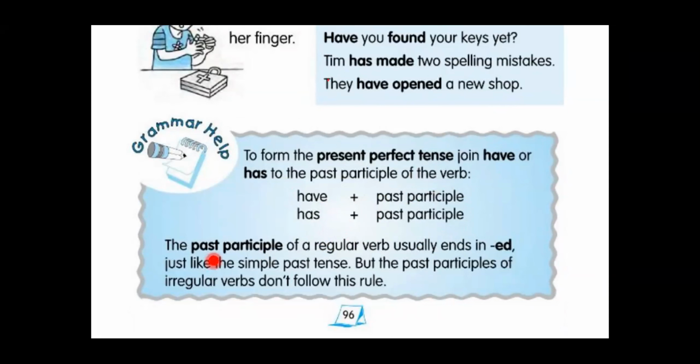The past participle of a regular verb usually ends in ed, just like the simple past tense, but the participles of irregular verbs don't follow this rule. So what does this mean? That the past participle usually ends with ed, but some don't follow this rule. Okay, so what does this mean?